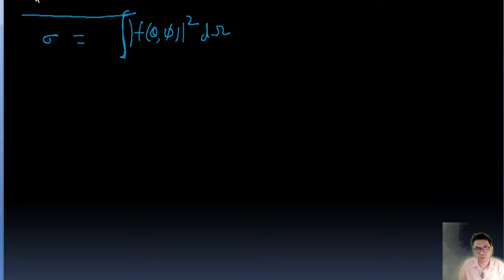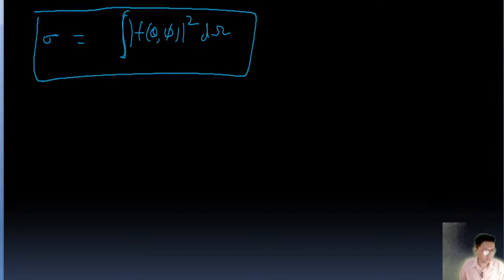From here we can get the value of σ, and that is going to be the integration of mod f square, function of θ and φ, dΩ. This is very important, you need to note it down. So this is the value of sigma.